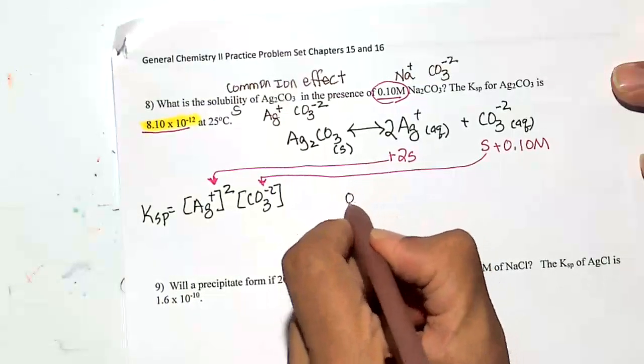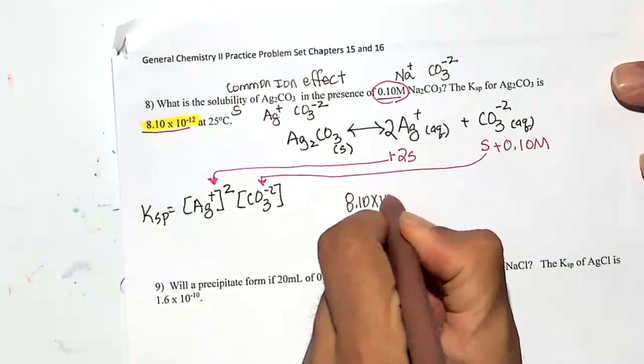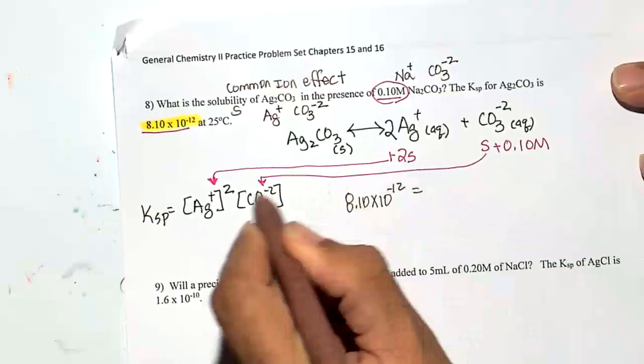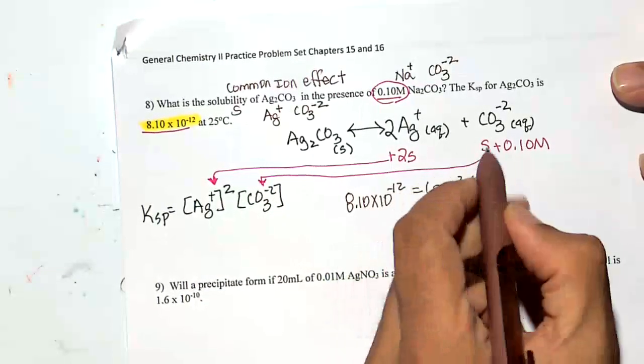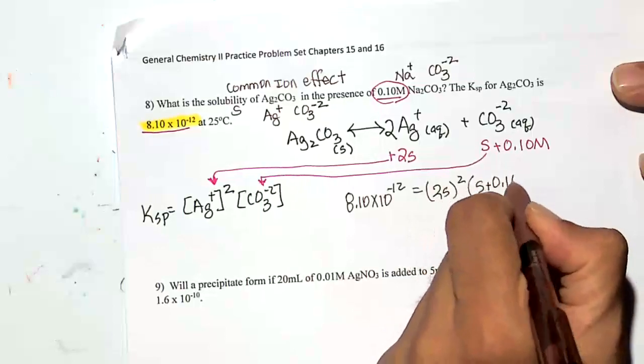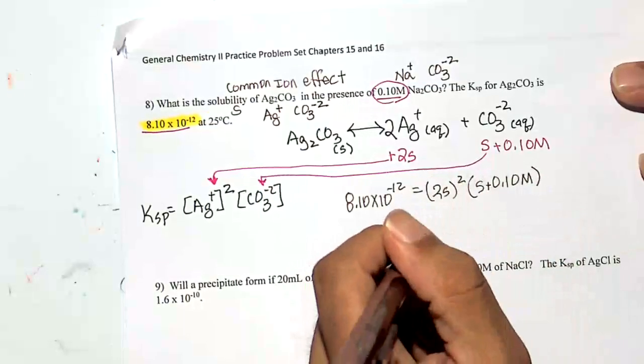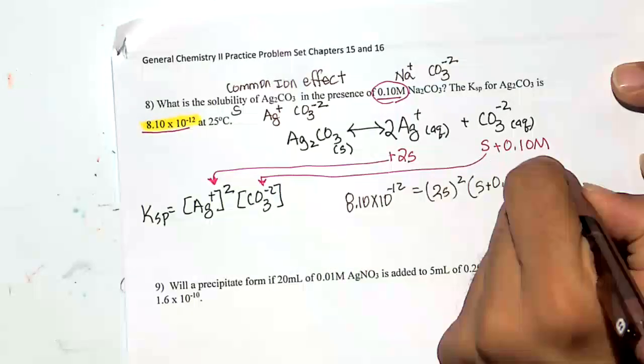So Ksp is 8.10 times 10 to the minus 12 equals 2S, don't forget to square it, times S plus 0.10 molar. Here we'll assume S is small.